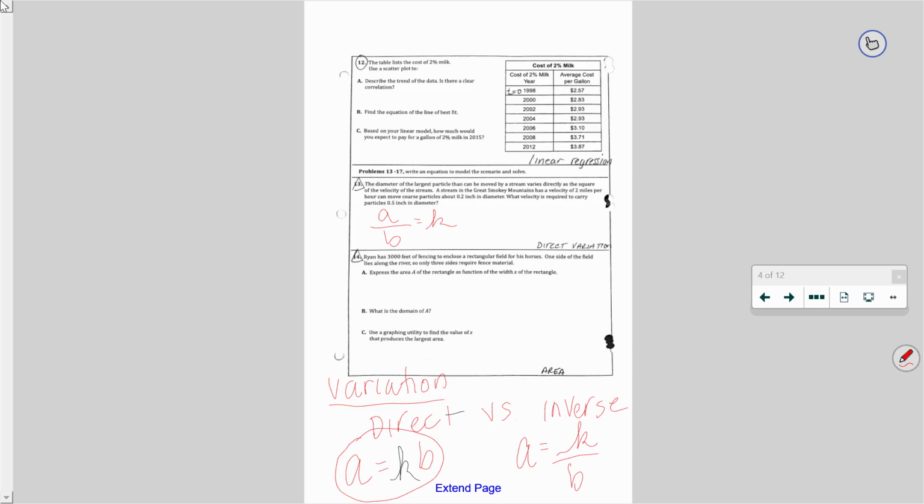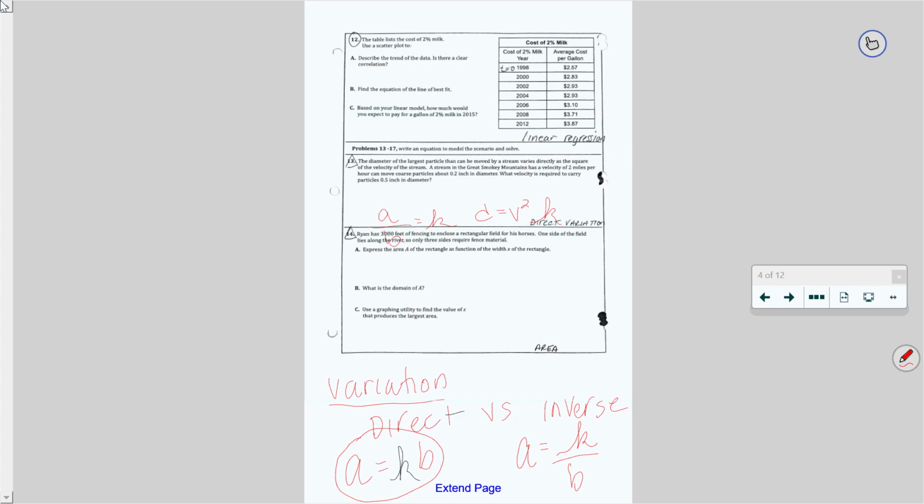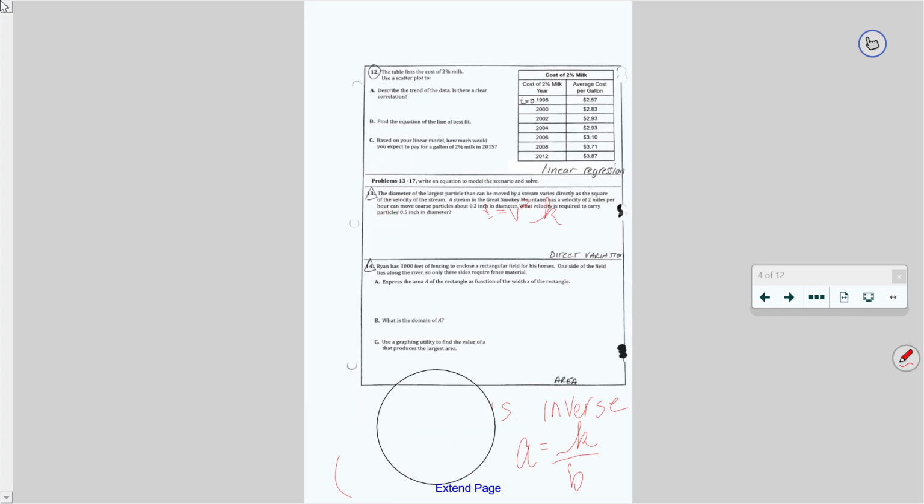It says, all right, the diameter varies directly with the square of the velocity. So there always has to be this constant of variation, K. So I would take that and I would use that formula and I would say, okay, diameter.